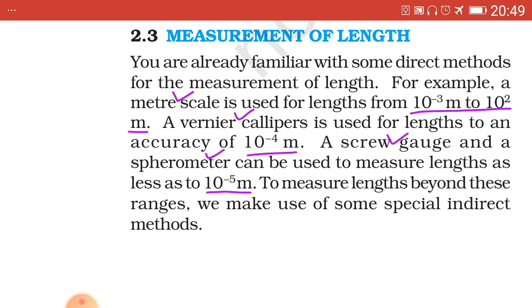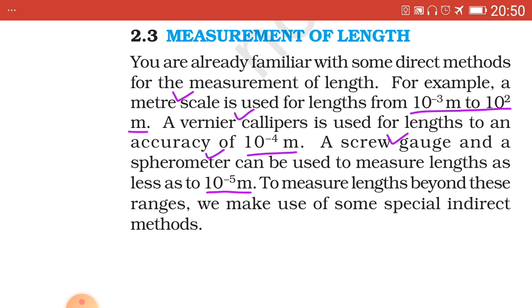The spirometer is also used to find out the radius of curvature of a spherical surface like a watch glass, and its least count is also 0.001 centimeter. It is used to find out the radius of curvature of a spherical surface, hence the name spirometer.